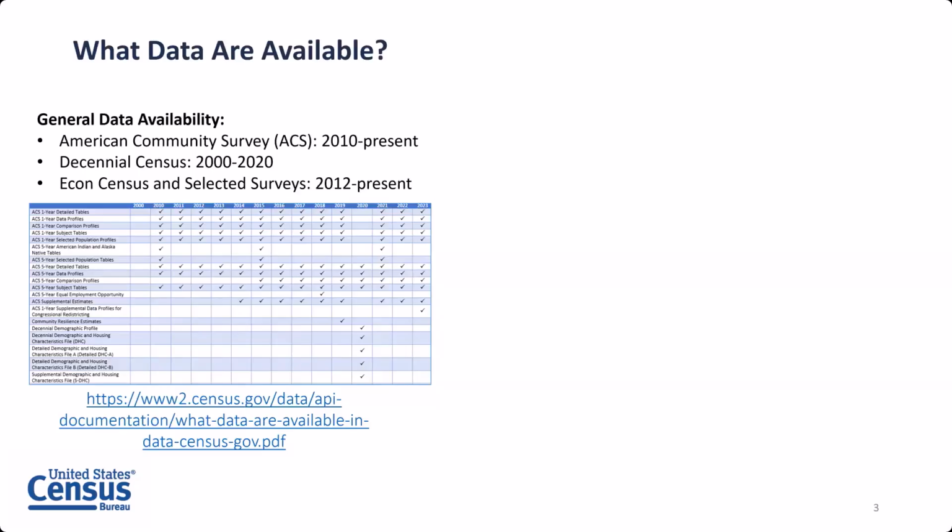On a high level, what you can see here on the slide will include American Community Survey data going back to 2010, decennial census data back to the Census 2000, and economic census and selected economic surveys going back to 2012. If you'd like to access a detailed listing of all the different types of data sets and availability by year, we have a chart ready for you to access using the link on the left-hand side.